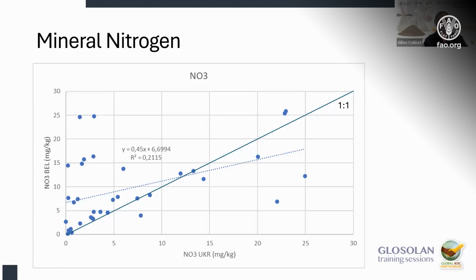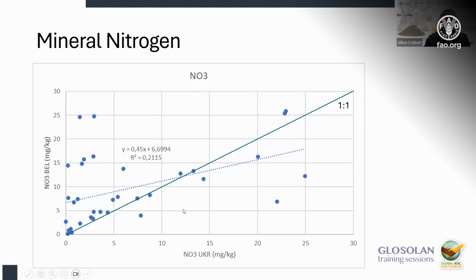Given the fact that we worked on dried soils, we don't know exactly if the Ukrainians did the same, but if we compare, this is the Ukrainian on the abscissa and our results on the y-axis. You can see this is the 1-1 line. So it means that in a perfect world, all the results should be along this line. It should show that the methods give the same results.